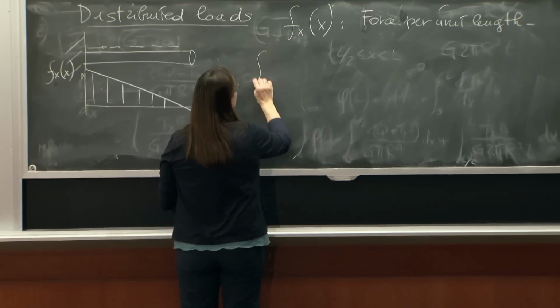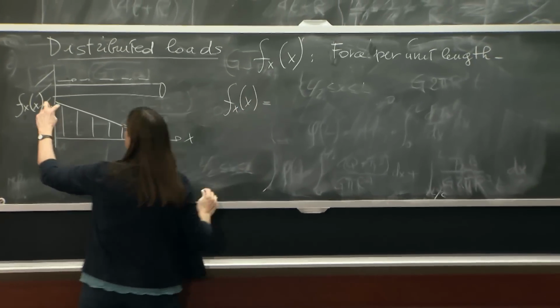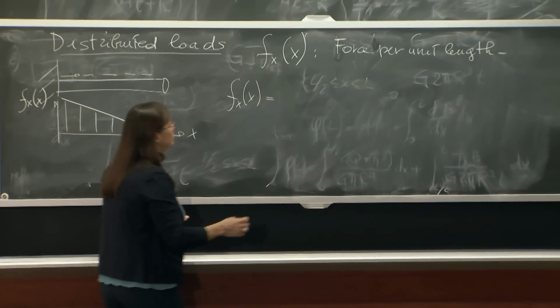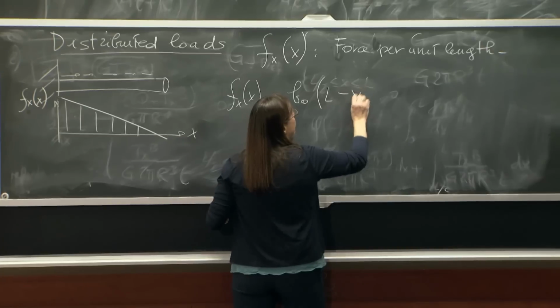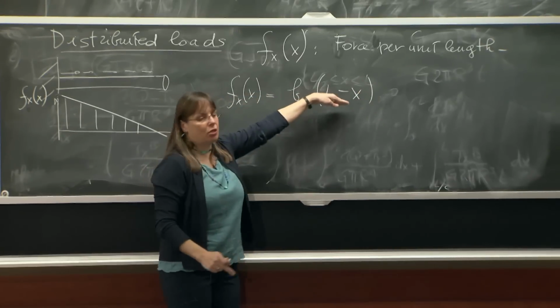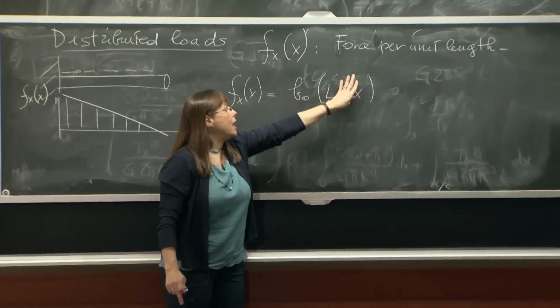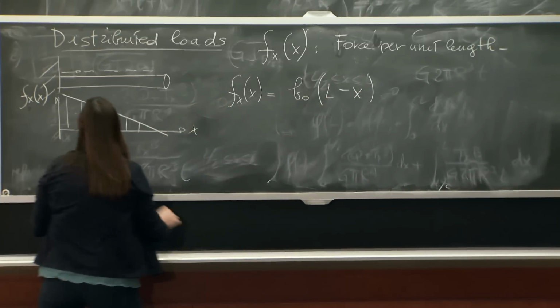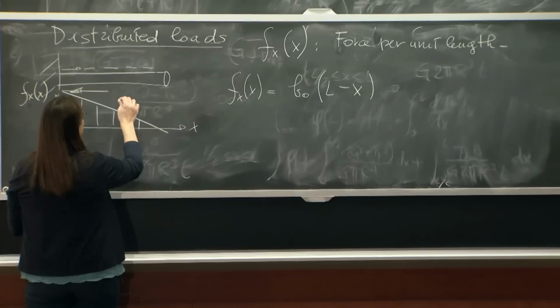So I need some function that is linear with x, so I need a minus in front of x. When x is 0, I get B0L, which is the maximum force per unit length that I get.